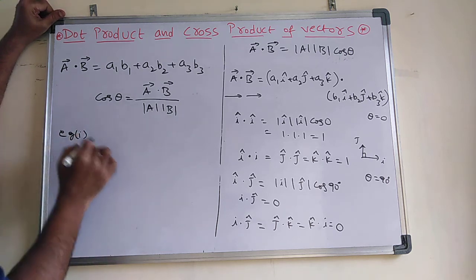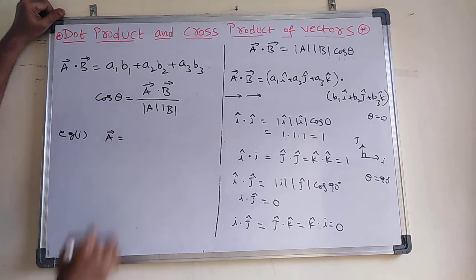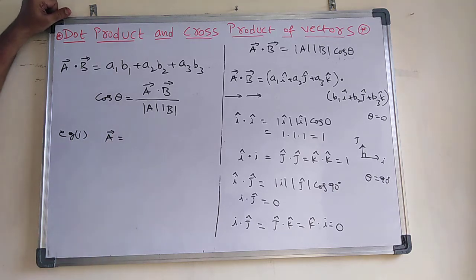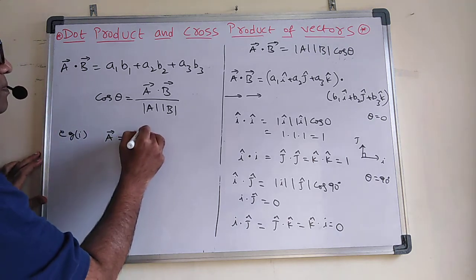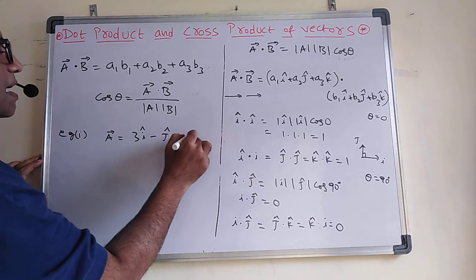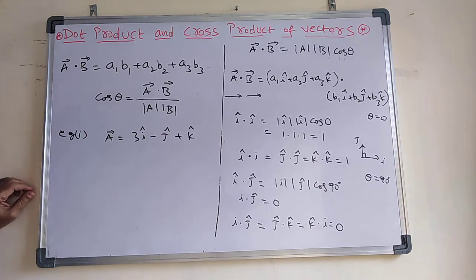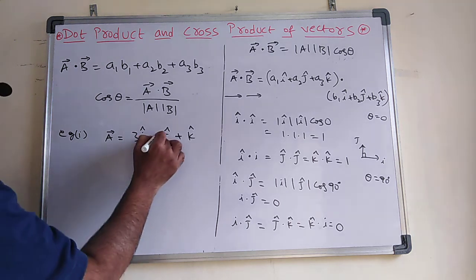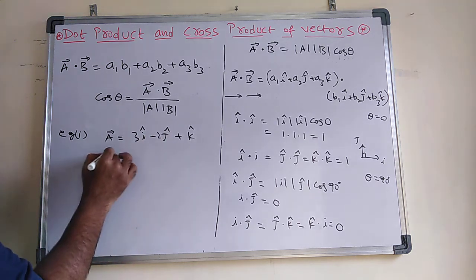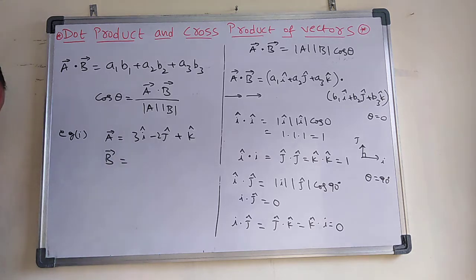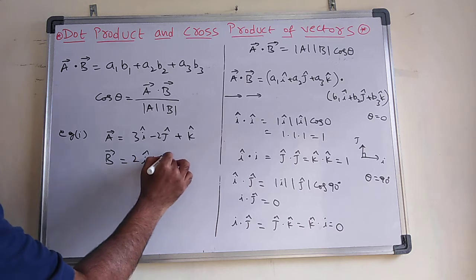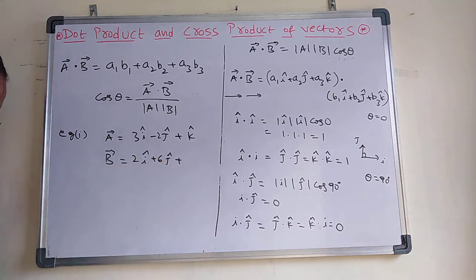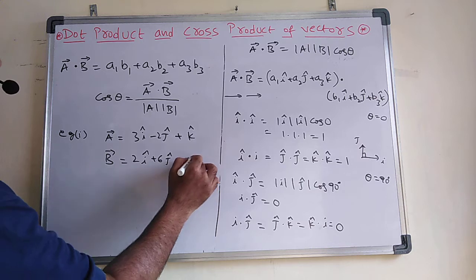Example 1. Let us say A is equal to 3i cap minus j cap plus k cap, and B is equal to 2i cap plus 6j cap plus 6k cap. Something like that they give.